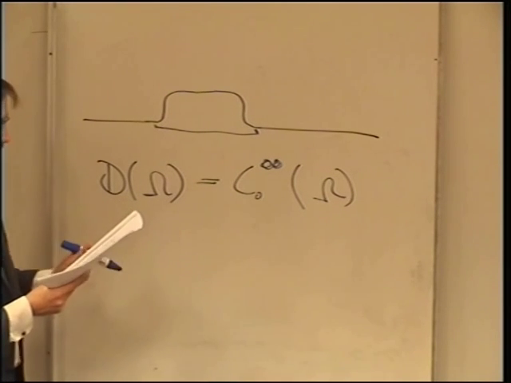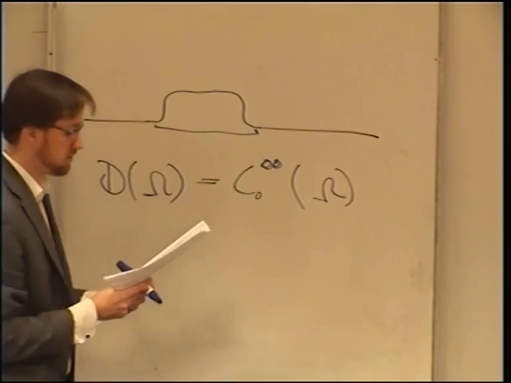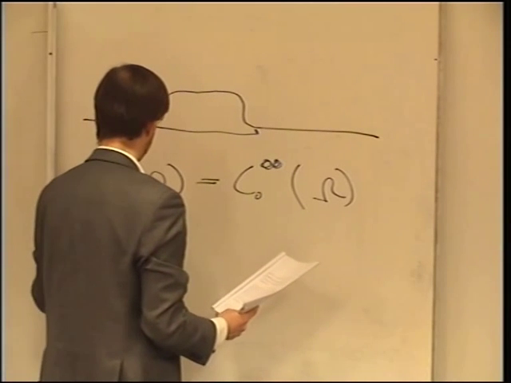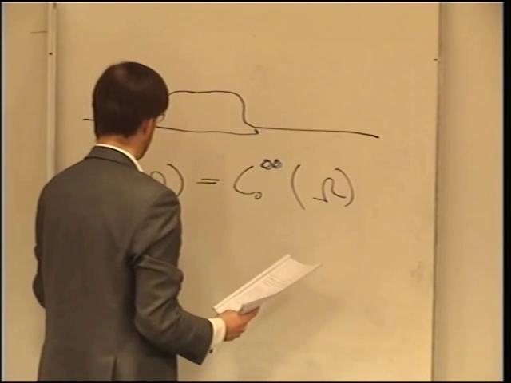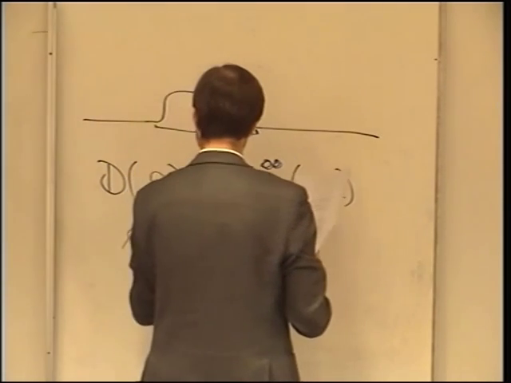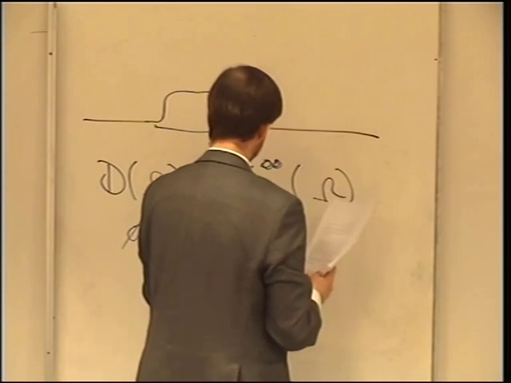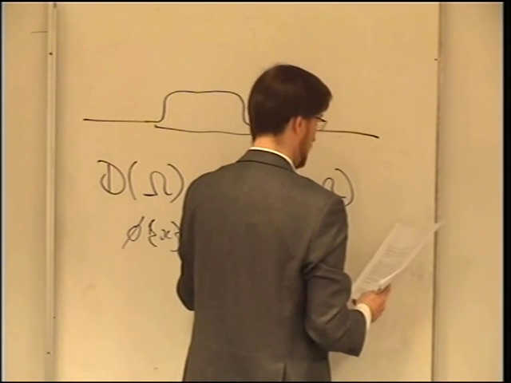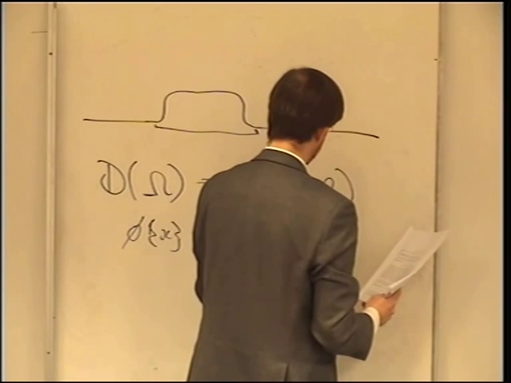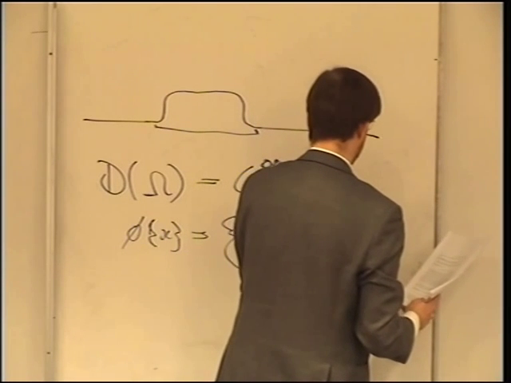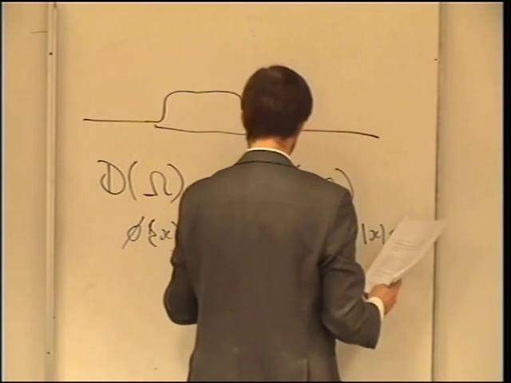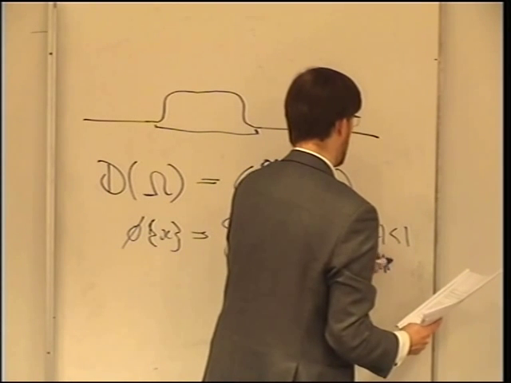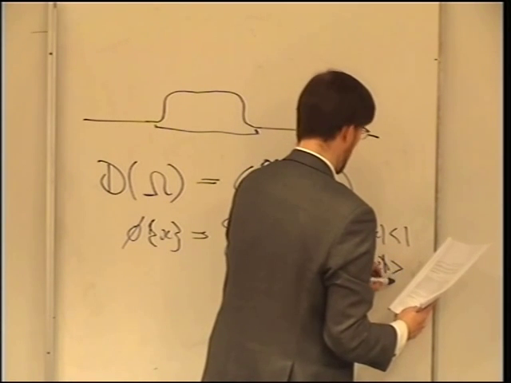There's an example that they give in the book, which doesn't actually go flat on top, which is if you set phi of x to be equal to e to the 1 over norm of x squared minus 1 for the absolute value of x less than 1, and 0 for the absolute value of x greater than or equal to 1.